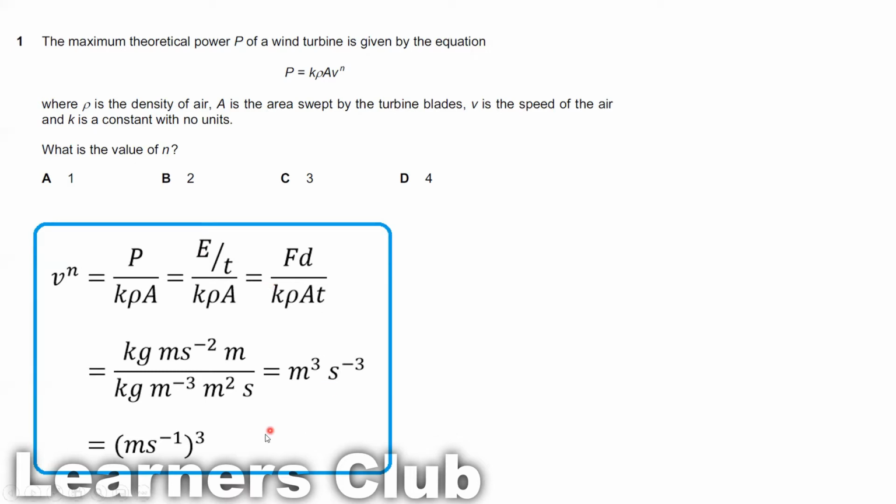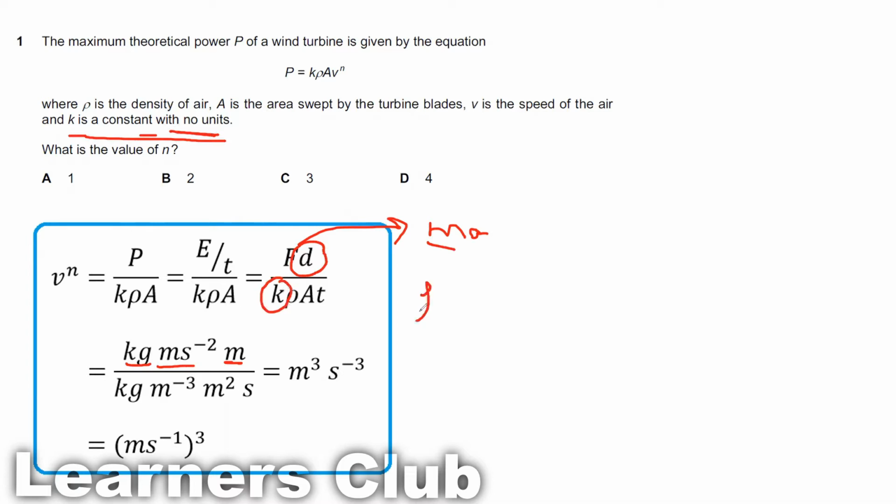So force is the product of mass and acceleration. Mass stands for kg, acceleration meter per second squared. Displacement stands for meter. K, as they have mentioned, is a constant with no units, so there's nothing to do with K here.